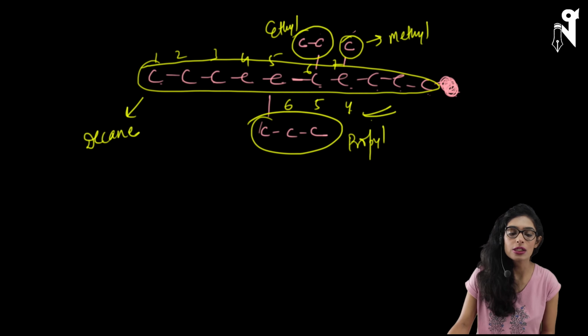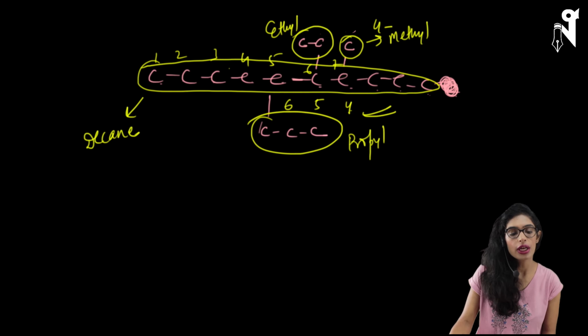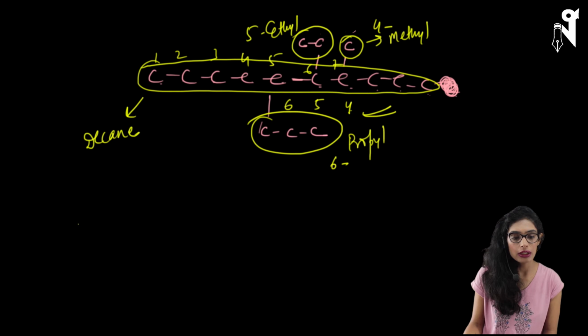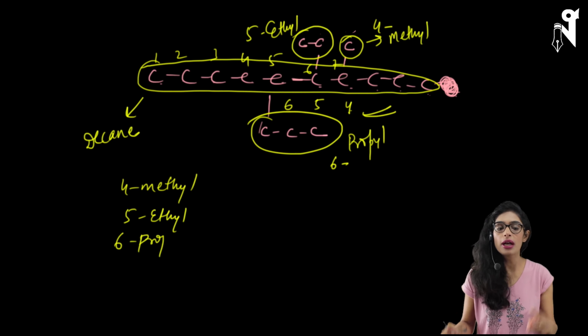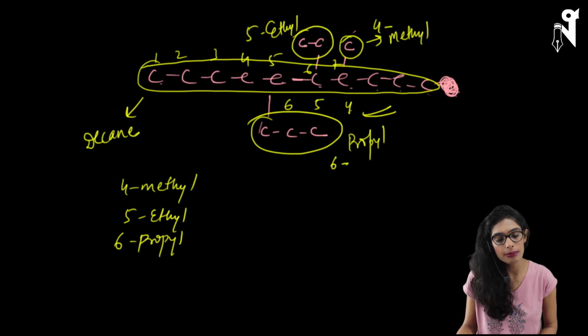So my methyl is present on the fourth position. My ethyl is present on the fifth position, and my propyl is present on the sixth position. So actually the name is 4 methyl for one branch, 5 ethyl for another branch, and 6 propyl for the third branch. So we have three branches, and I have the main chain name decane.